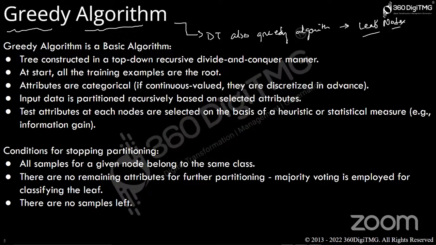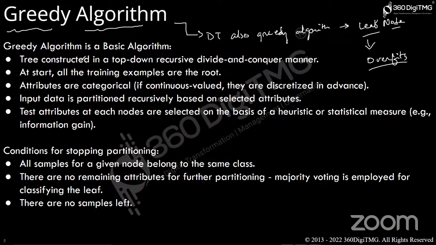Unless we are stopping it using some stopping criteria, it will not stop unless it reaches a leaf node. So because of this reason, it generally overfits. If you are not providing a stopping criteria, it will overfit.